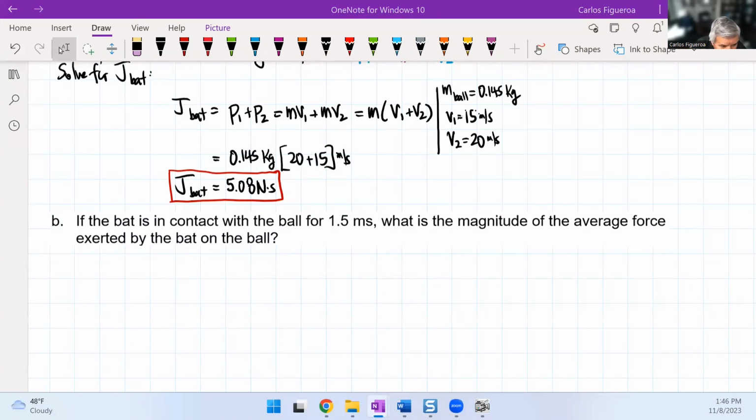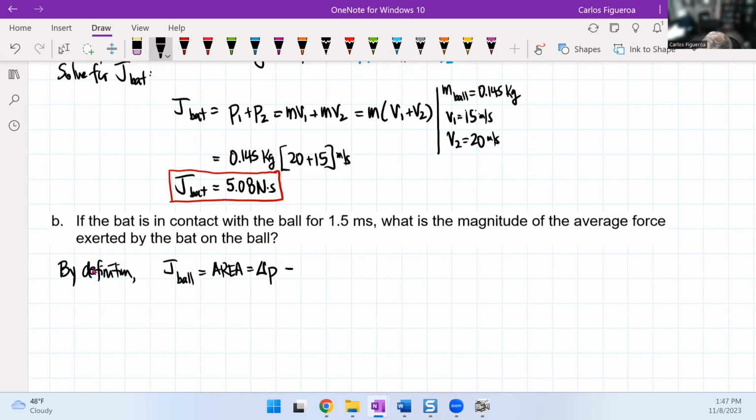So when I look at this, by definition, we said here that the impulse of the bat is either the area, but the way we calculate it was the change in the momentum.